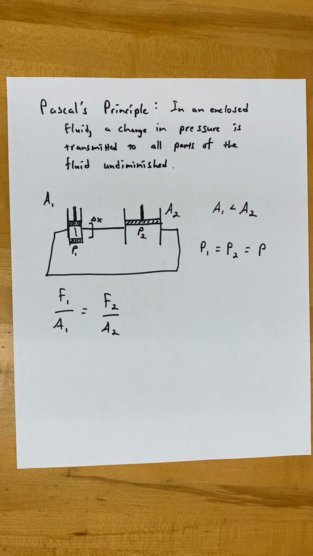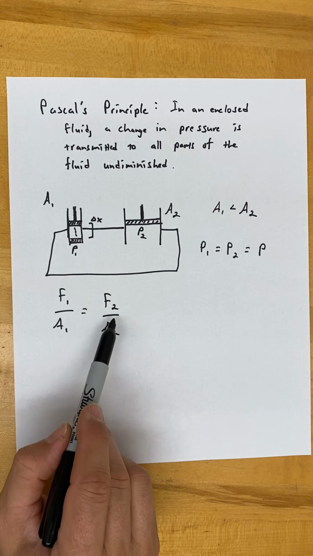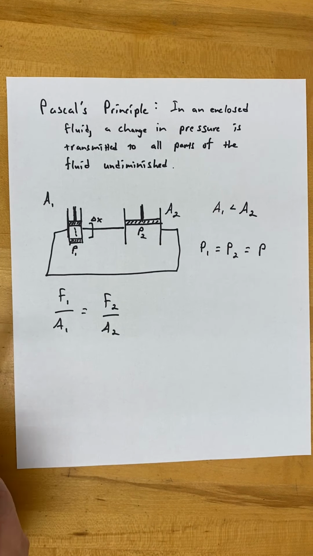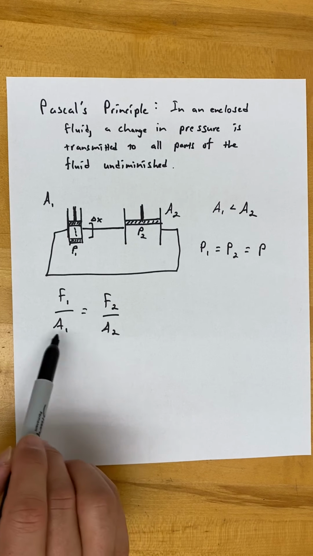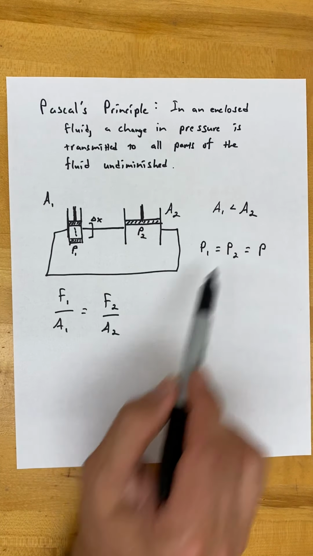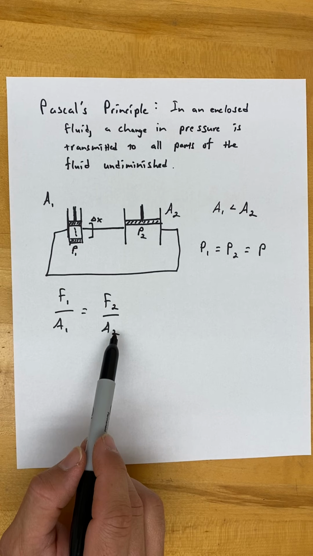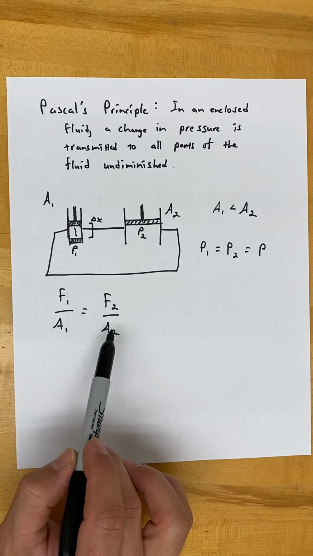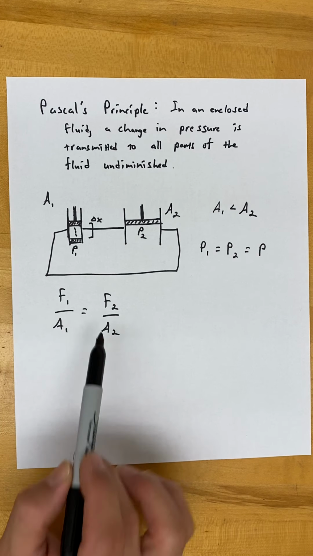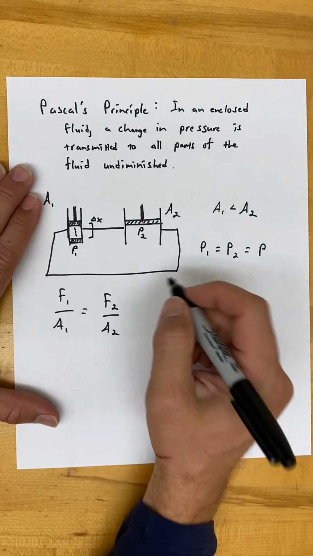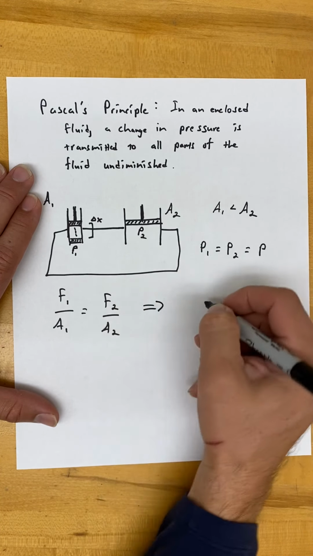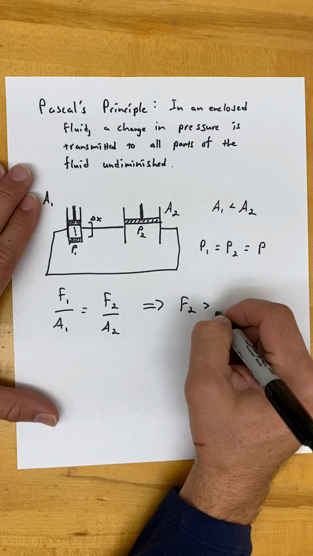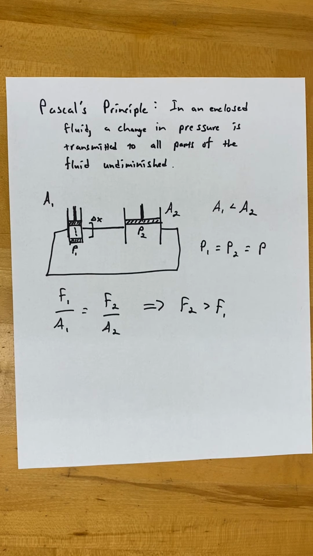That's very interesting because I have a ratio which has to be equal to another ratio. And if I compare terms across the ratios, I've already said that the denominator in this one is just bigger than the denominator over here. But if I am to preserve these ratios, this means that F2 has to be bigger than F1.